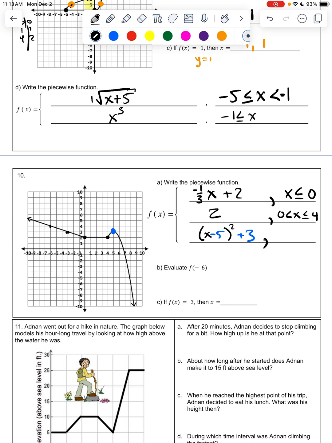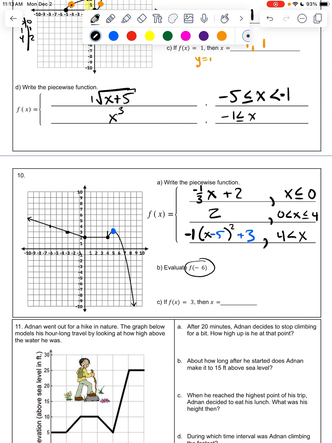It opens down, but if you go over 1, you only go down 1. So I'm going to put a negative 1 for our a value out there. That is for all x values greater than 4. Again, because I made x equals 4 true for piece 2, I don't need to make it true for piece 3 as well.